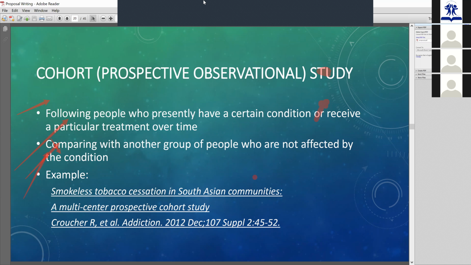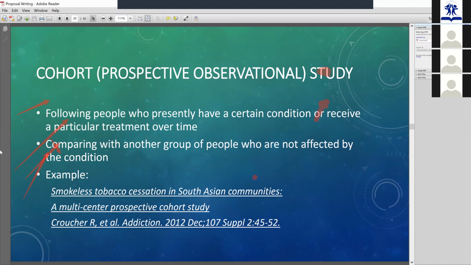Okay. Here we have an example. I will give you the slides later. You can click on this and then read this study to see what I meant by a cohort study. These examples are also taken from a website, so I will give you the reference of the website.